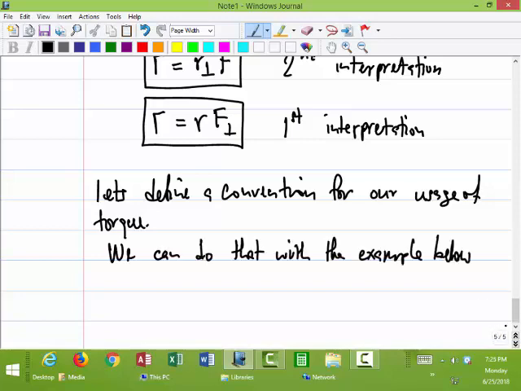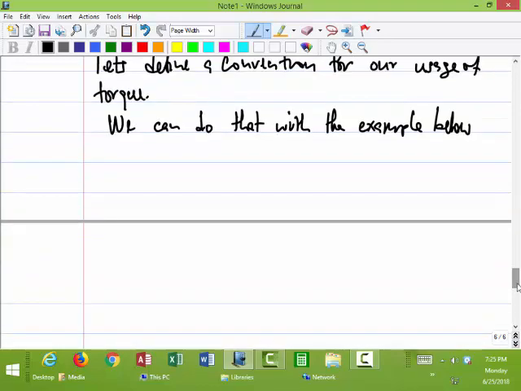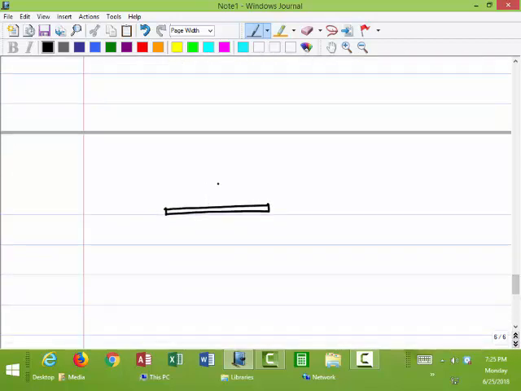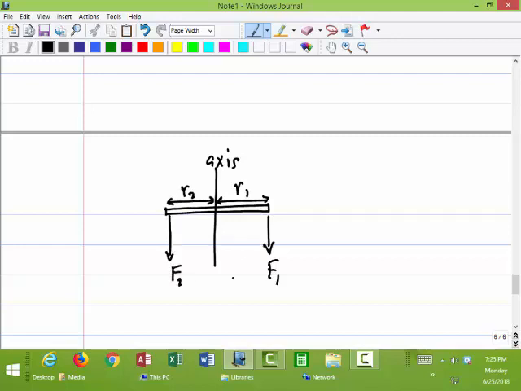So let's first draw a bar like that. So let's say we have a bar that way, and we have two forces acting on it. So let's say this is the axis here, and we put one force here. This is a force F1 at a distance R1 from the axis, and we have a distance R2 and a force F2.